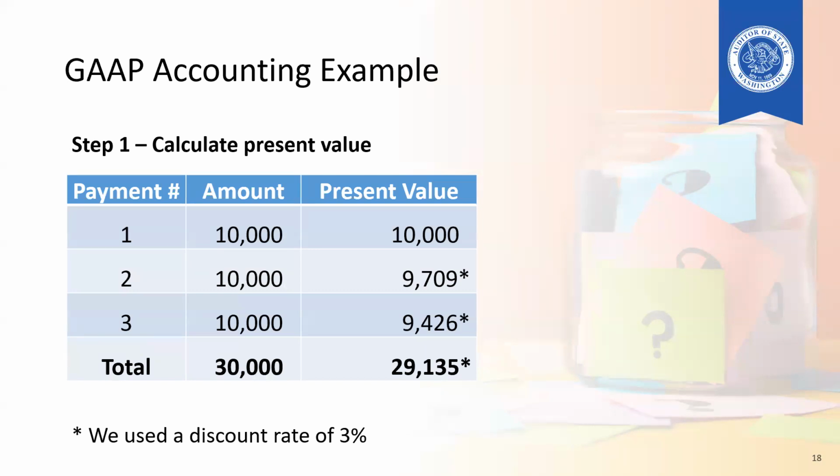In this example, I used a discount rate of 3%. Remember, you'll need to determine the discount rate that's appropriate for your own government. Now this gives us a total present value of $29,135, which is the amount of our SBITA liability that we need for step 2.